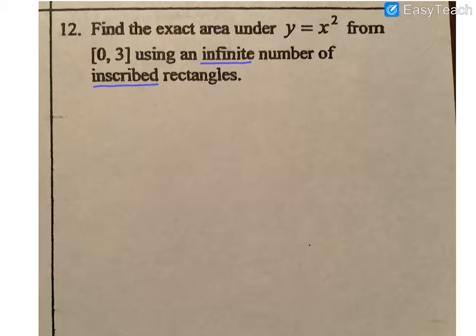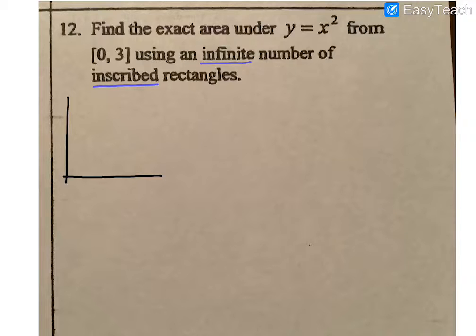Okay, if you recall, this is the one where we had a page full of steps. The first thing you were asked to do is to sketch a graph. And so as I sketch my graph here, my graph is y equals x squared from 0 to 3.